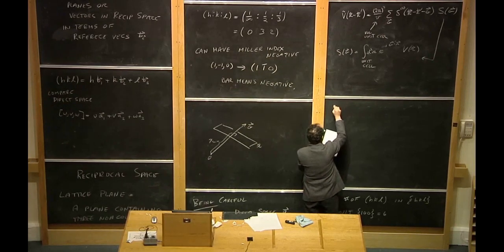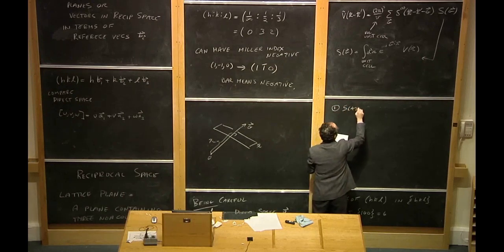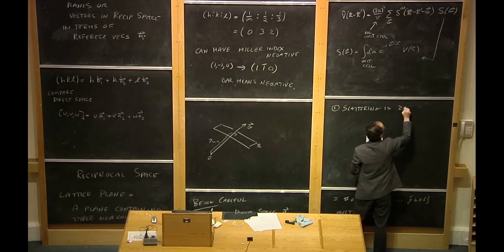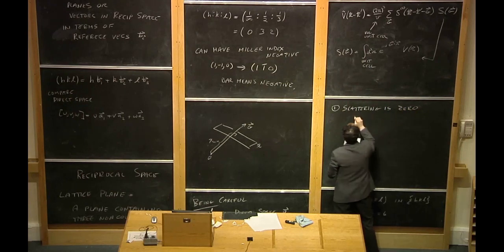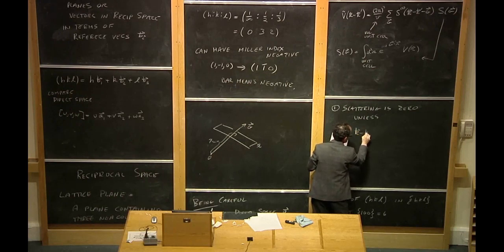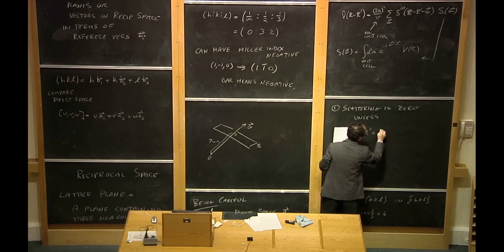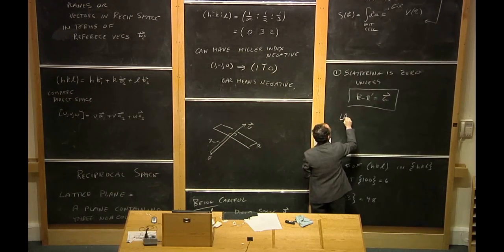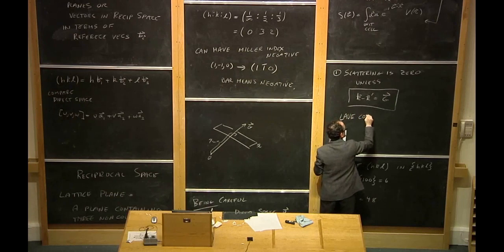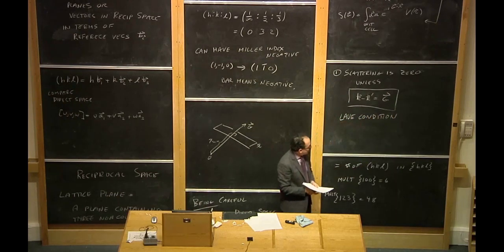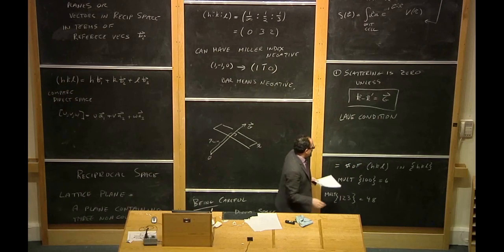So, point 1: scattering is 0 unless k minus k prime is a reciprocal lattice vector g. This is important, put a box around it. This is known as the Laue condition, after Max von Laue, who won a Nobel Prize for discovering this in X-ray scattering.